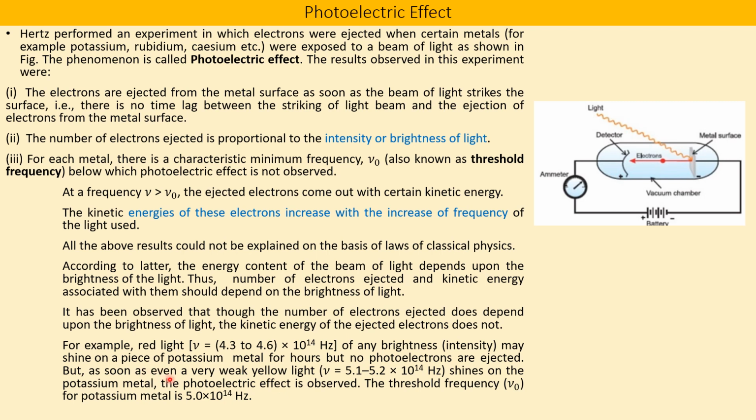But when even a weak yellow light, of the range 5.1 to 5.2 × 10^14 hertz, shines on potassium metal, the photoelectric effect is observed. Thus, the threshold frequency nu naught for potassium is 5.0 × 10^14 hertz.